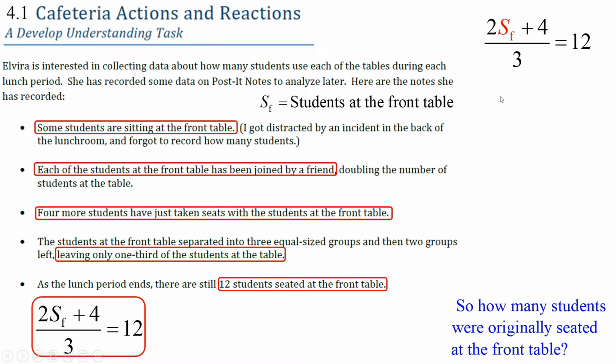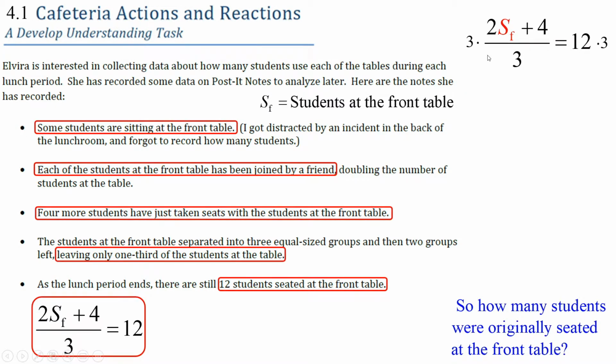So do you see this 3 down here? 2 times S sub f plus 4 is being divided by 3. I could clean this up really quickly by undoing division by 3, by multiplying both sides of the equation by 3. So I'm going to multiply the left-hand side by 3 and the right-hand side by 3.